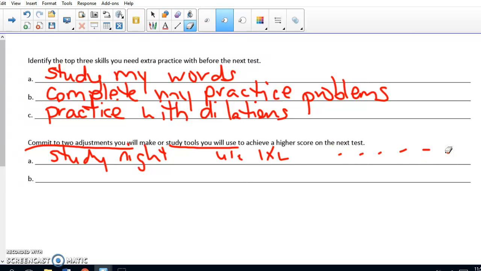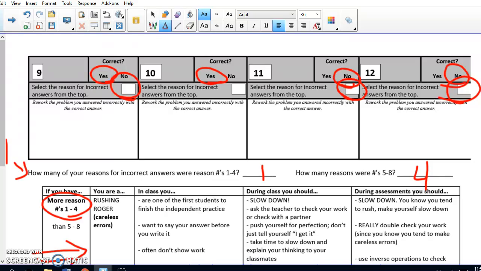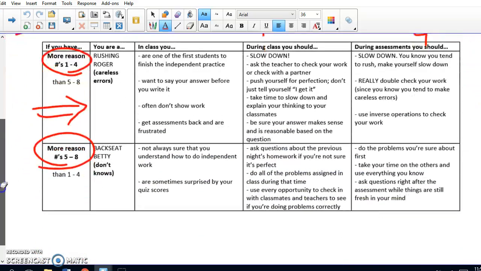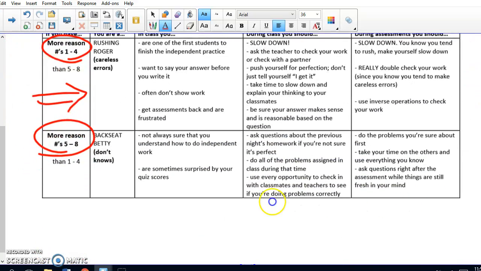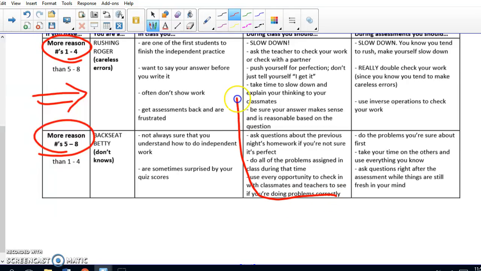Your answers will vary. But I want you to go through and think about that so that you can put your own answers. A lot of times, students, when they look here, find that they can look at these reasons for adjustments.